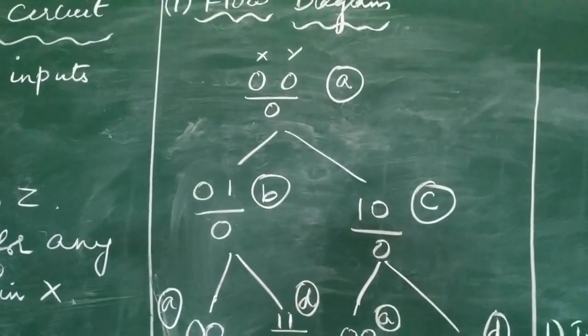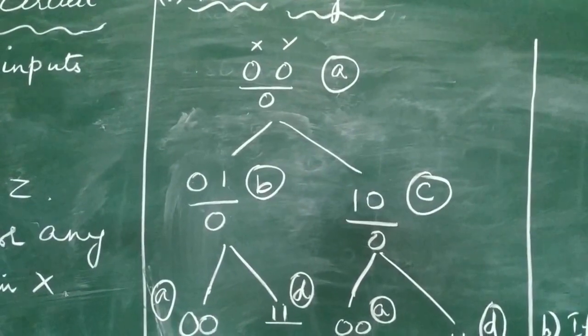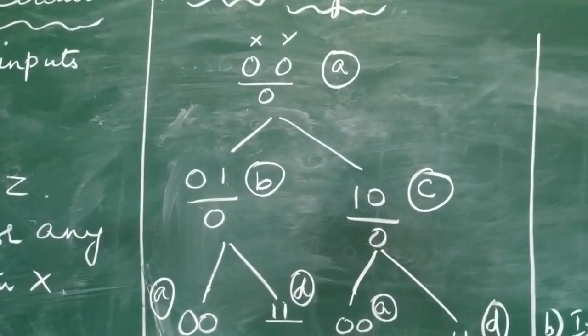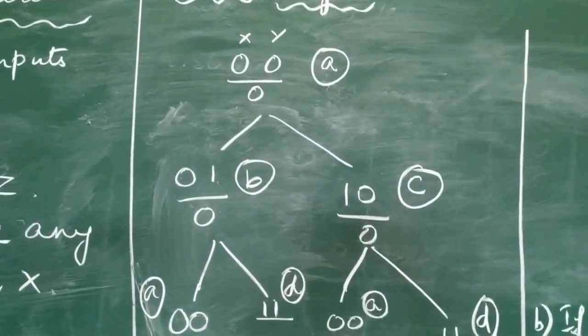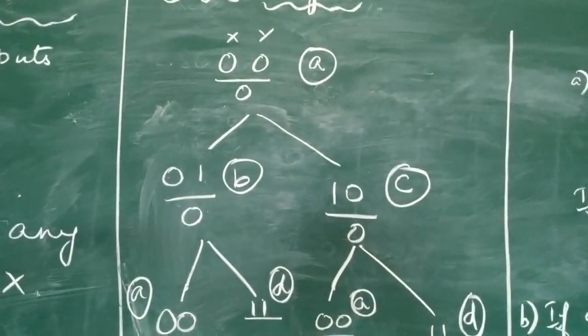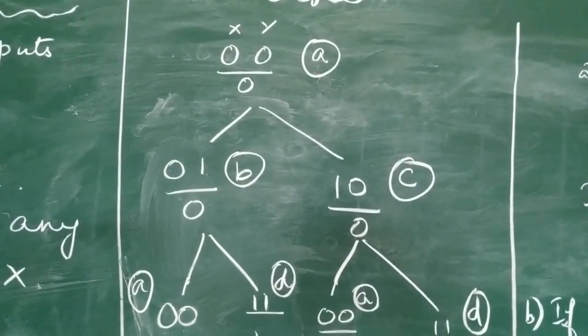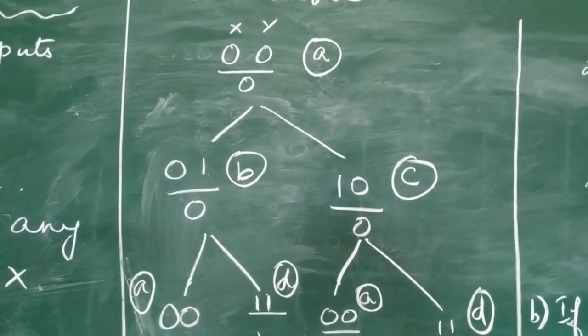So initially the inputs x, y are 0, 0 and the output is 0. So that is the initial condition. So how to make the next states? A transition is recommended. How to do that?